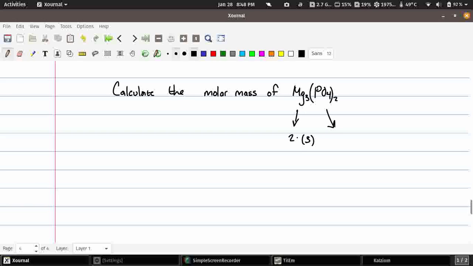Actually, let's do 24 multiplied by 3. Then this you can easily guesstimate too. Actually, probably not. 16 times 4, and I think phosphorus is about 32, 33 or something like that. So we'll just do 33, and then plus 64, because oxygen is 16 times 4 is 64.